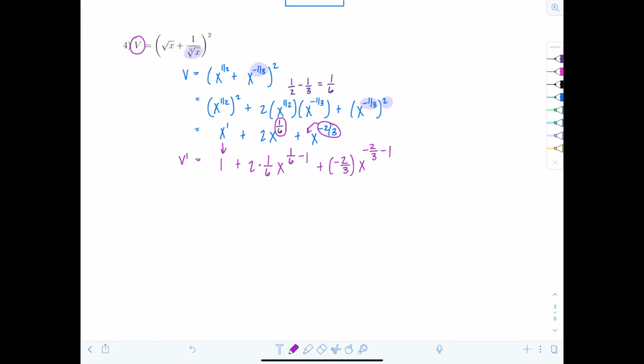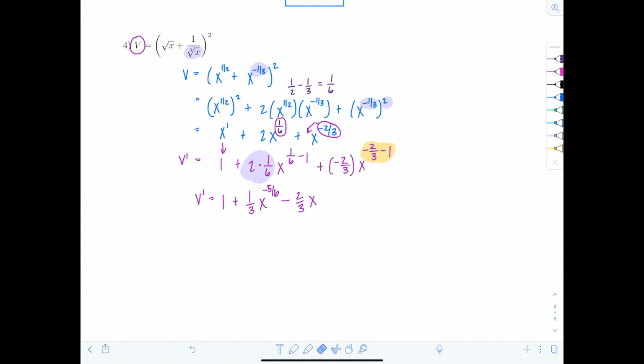And then now we're ready to put it all together. So v prime equals 1 plus, this is going to be 1/3 x raised to the -5/6, 1/6 minus 1, minus 2/3 times x to the -2/3 minus 1, that's minus 3/3 from it.